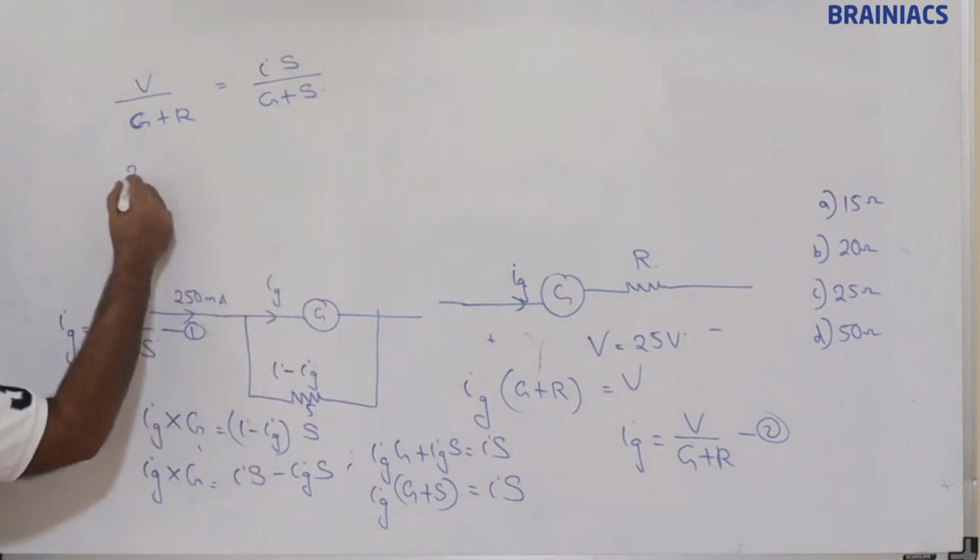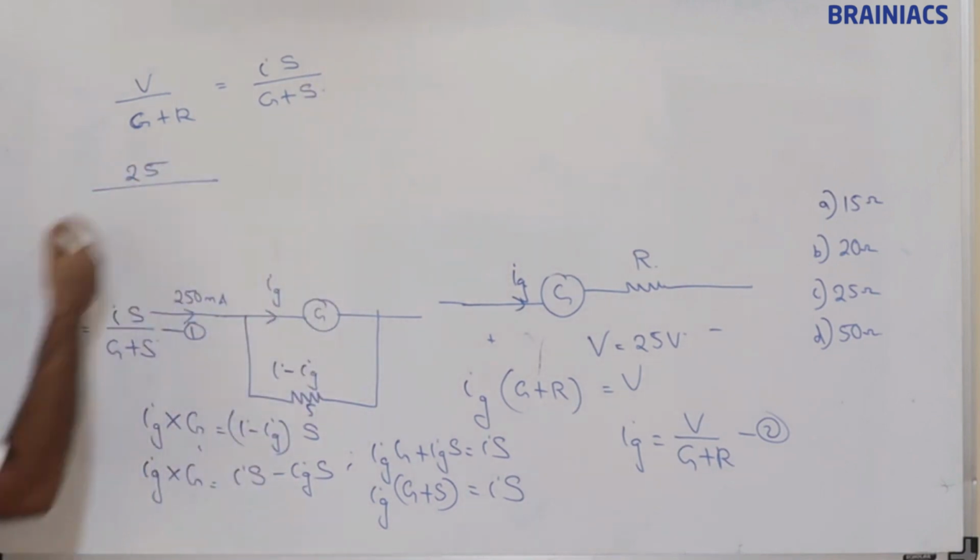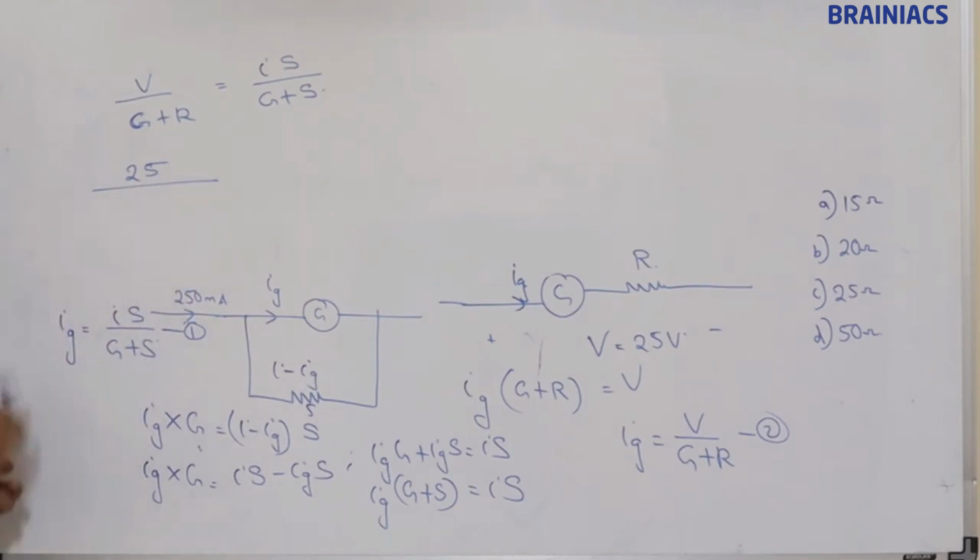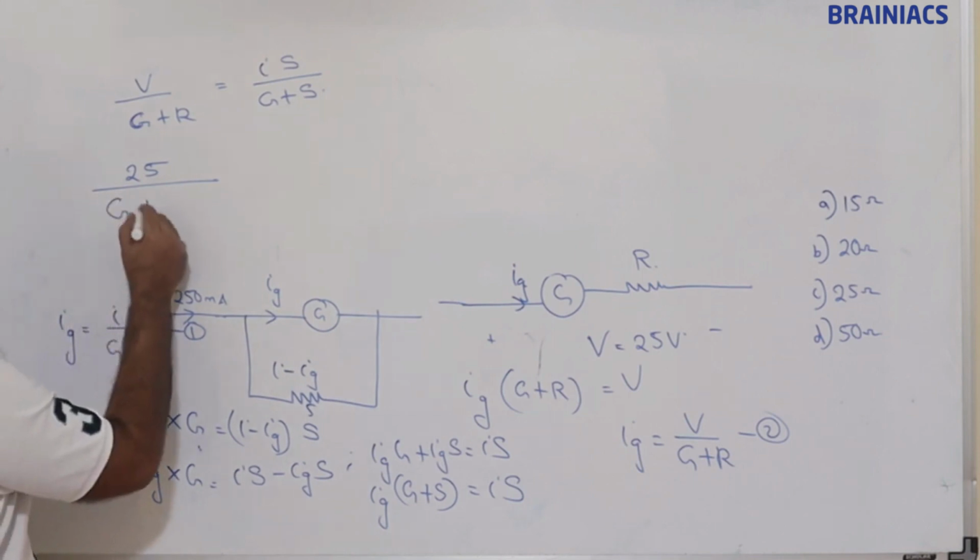This V is given as 25. What is the galvanometer resistance? Galvanometer resistance we only need to find.